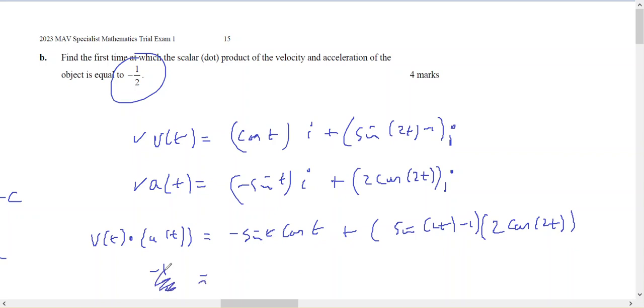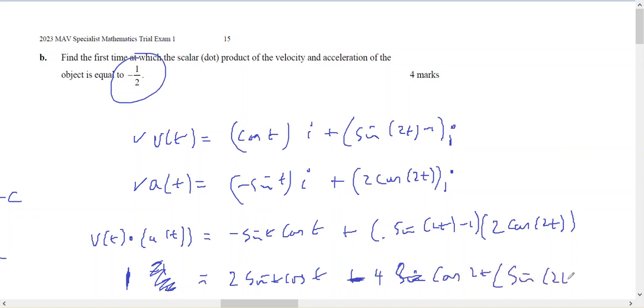And if I was to multiply everything by -2, that would give me 1 equals 2 sine of t cos of t plus 2 times 2, 4, but minus 4 cos of 2t sine of 2t minus 1.